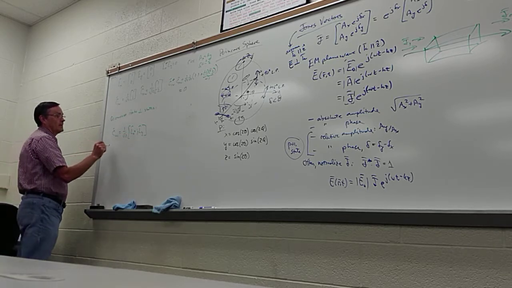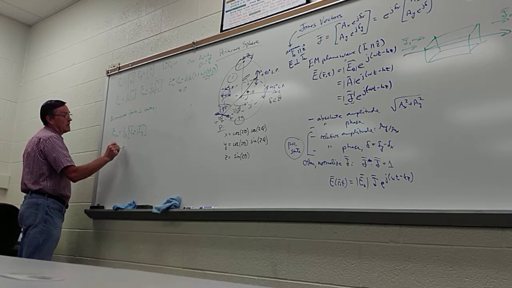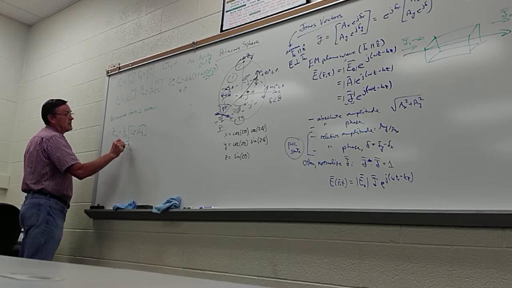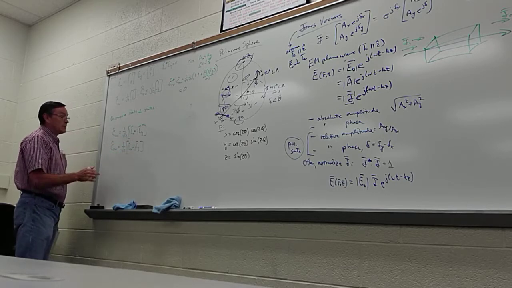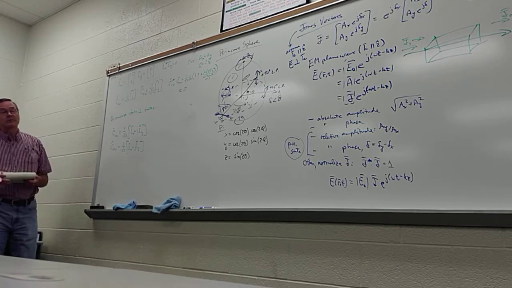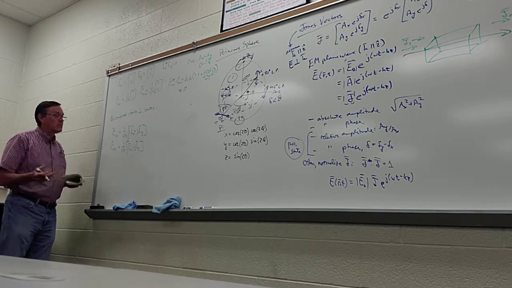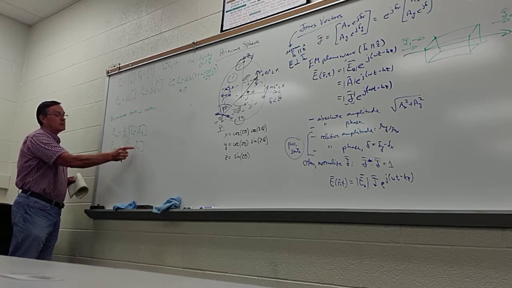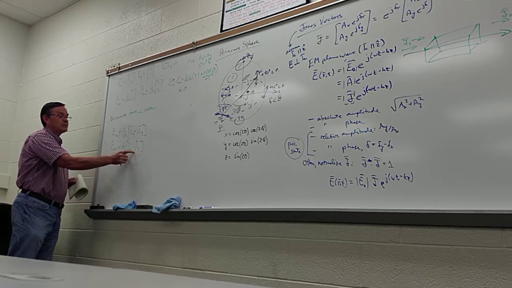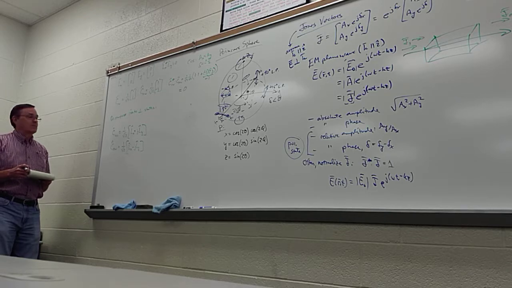Similarly, I could take counterclockwise circularly polarized light and write it as Lx hat minus j Ly hat. And so it's just looking at counterclockwise circularly polarized light as a sum of x linear polarization plus y linear polarization shifted by minus 90 degrees. Okay, fine.